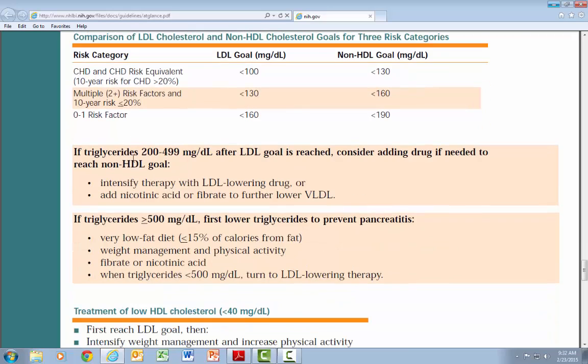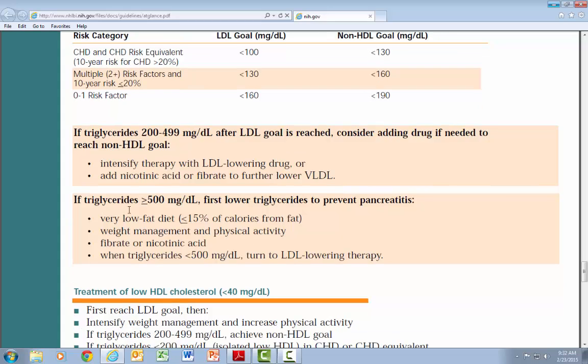Now, what do you do if your triglycerides are 200 to 499 but less than 500? Your LDL continues to be the goal. It doesn't change. Okay, what you could do is intensify the therapy of statins or add nicotinic acid or fibric acid to even further reduce your LDL and even your very low density lipoprotein. Now, if your triglycerides on the contrary are more than 500, then your goal shifts from LDL to triglycerides.